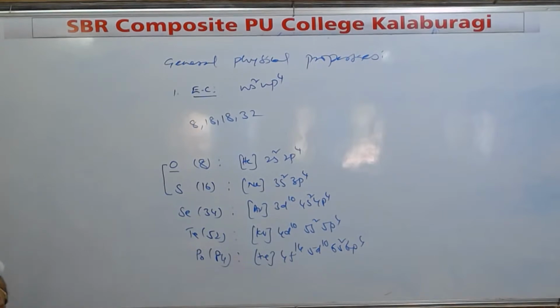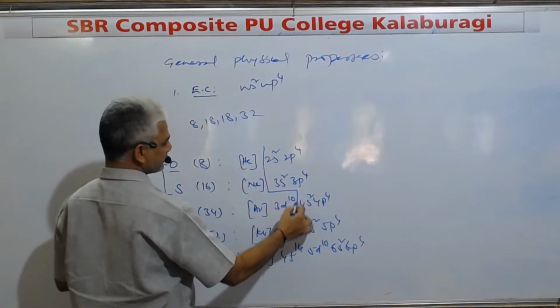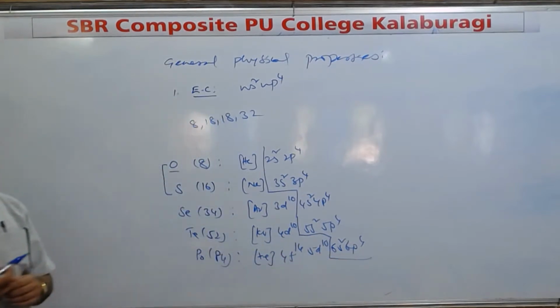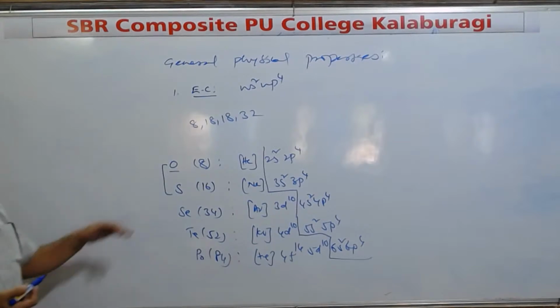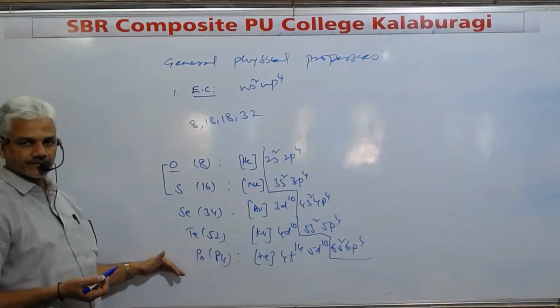So whatever analysis we have discussed in the fifteenth group elements, the same thing is applicable here also. Only the outermost configuration is similar. The number of electrons present in the inner shells is different. And oxygen completely differs from the rest of the elements.